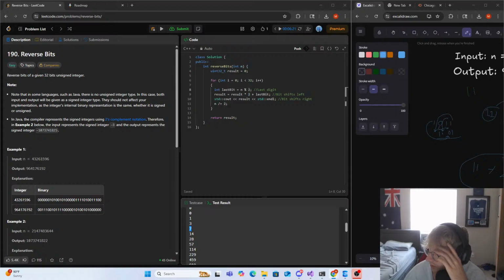Doubling our result. Result times equals 2. Trying to get an example here, because I like visualization in my head.